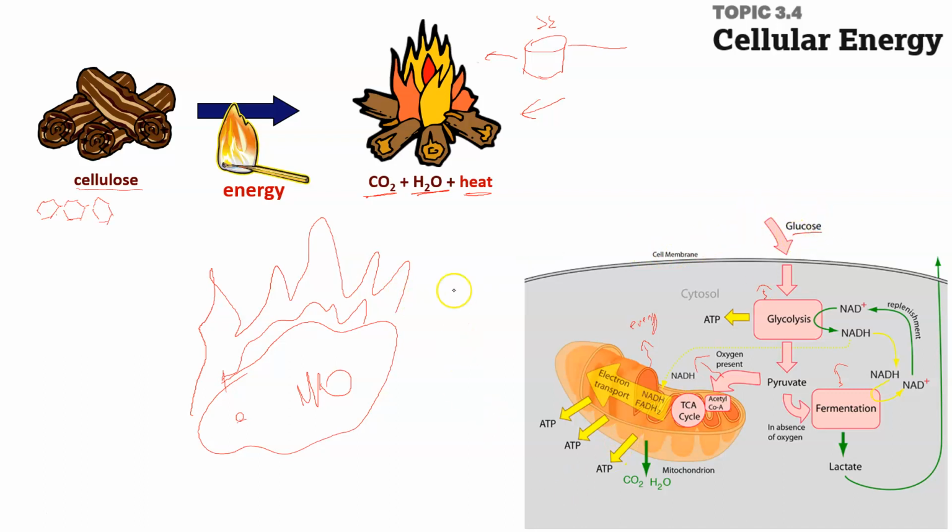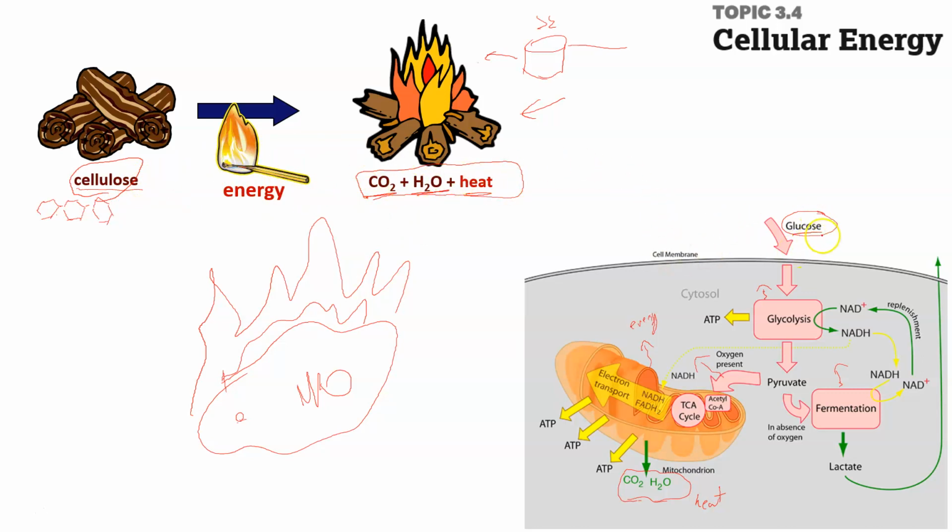You'll notice, though, at the end of this process, I'll circle it up here, you have CO2, H2O, and heat. In this process as well, you have CO2, H2O, and also heat. Coming out of this process, your body radiates heat. Of course, the input for this is glucose. This is our input over here. It was cellulose. But the process is similar in the sense that you're taking something and you're burning that for energy.